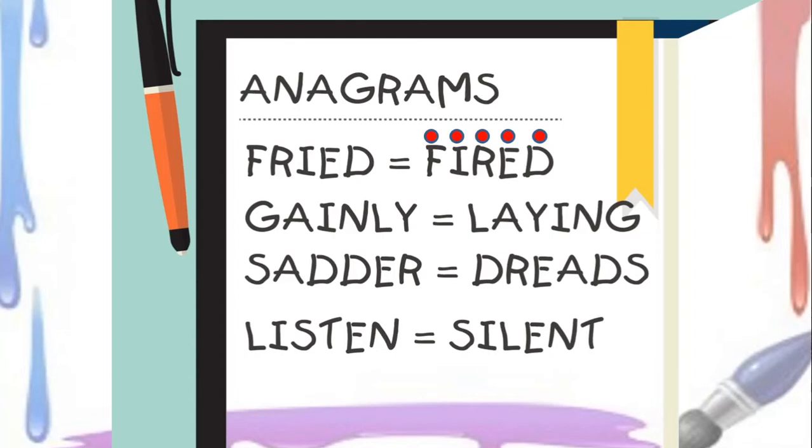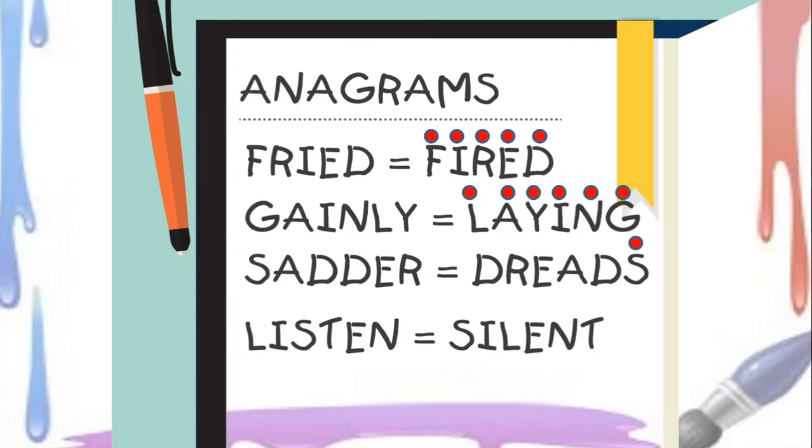Let us look at the next word. So you have gainly. So what is the anagram of gainly? It is laying. We have G, we have A, we have I, N, L and Y in laying.